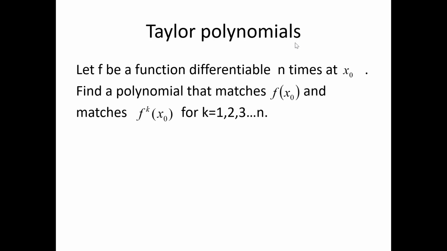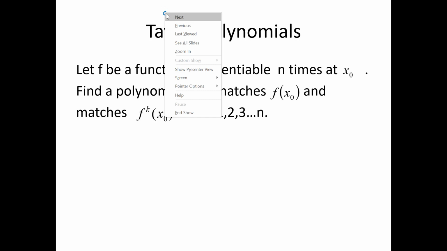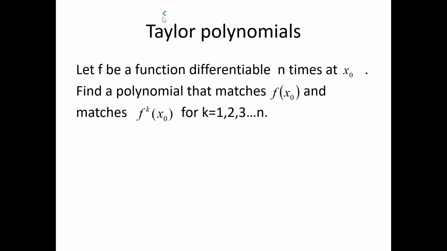if we start with the same kind of polynomial, C naught plus C1x plus C2x squared, then plugging in the x naught is not going to make the terms go away necessarily.